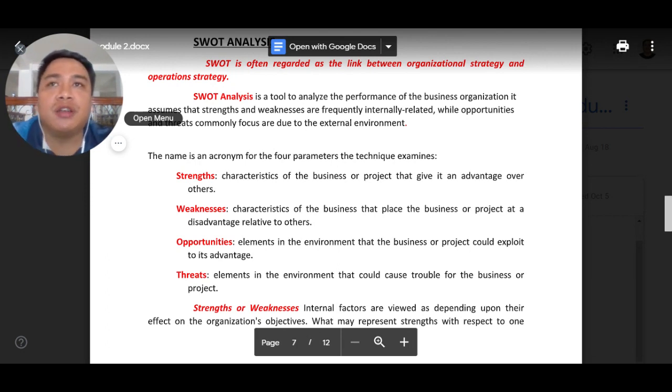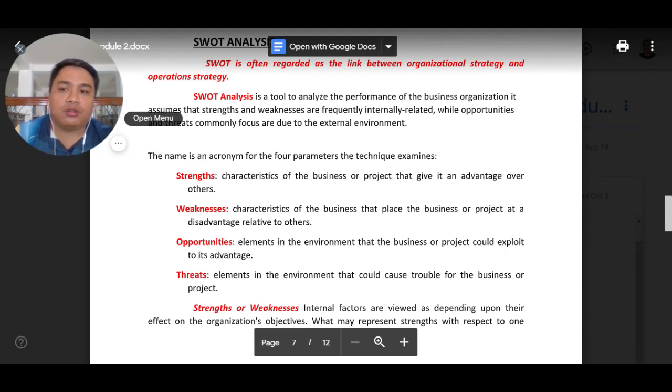For example, knowledgeable yung kalaban mo, maganda yung mga equipments nila, state of the art yung equipments nila, that could be a threat to you considerably, that the level of their production is increasing, tapos yun yung isang wala sa'yo, that could be a threat. Okay? So, that is how we are able to explain yung tinatawag nating SWOT analysis.